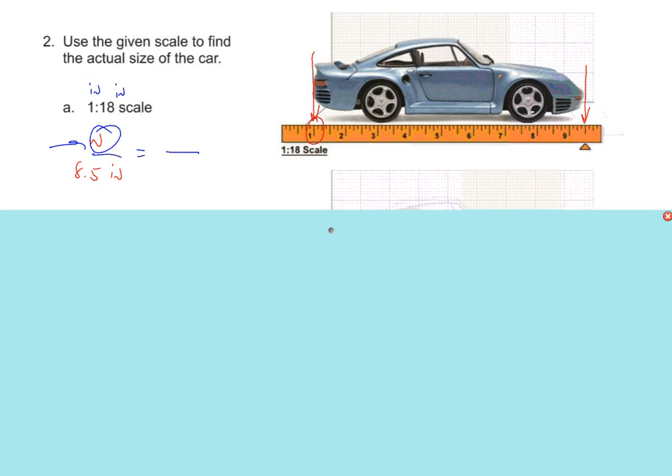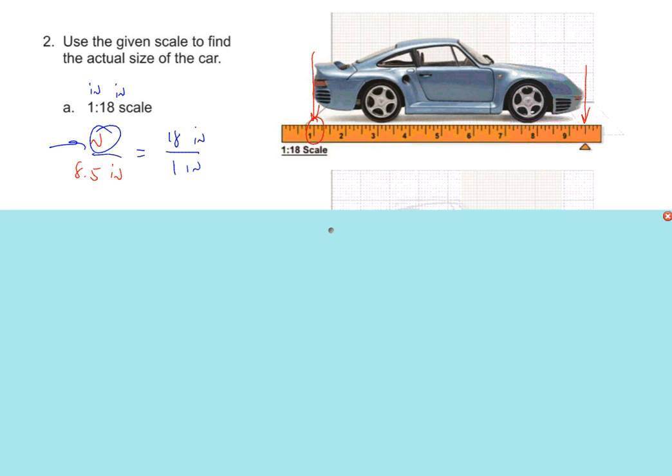Are we expecting a bigger number than 8.5 or a smaller number? Bigger. Which is bigger, 18 or 1? 18. So the 18 inches should go on the top and the 1 inch goes on the bottom. Again, the right-hand fraction is your scale. Now, I know that's a lot of thinking there, but there's no other way to do the problem. You got to do a little thinking.